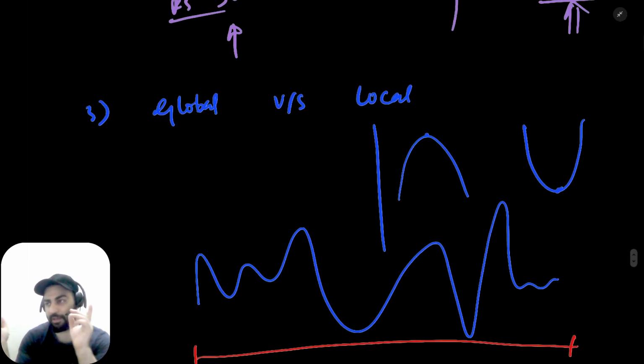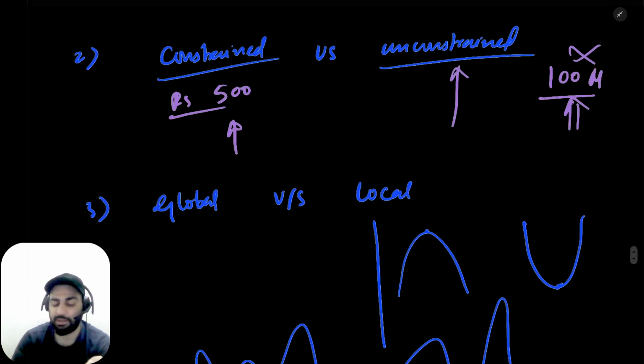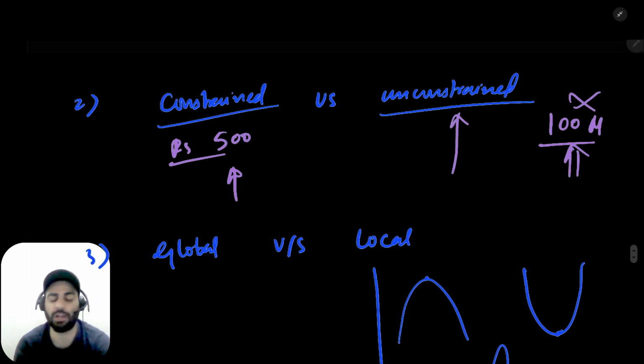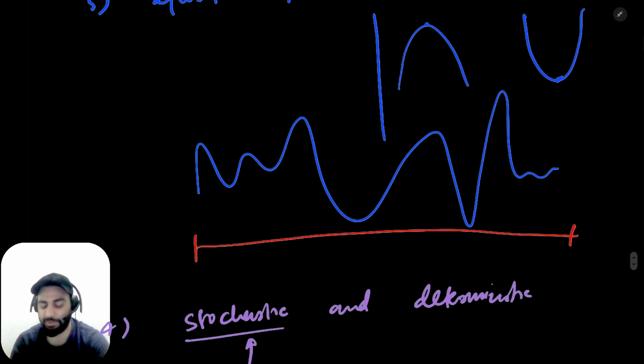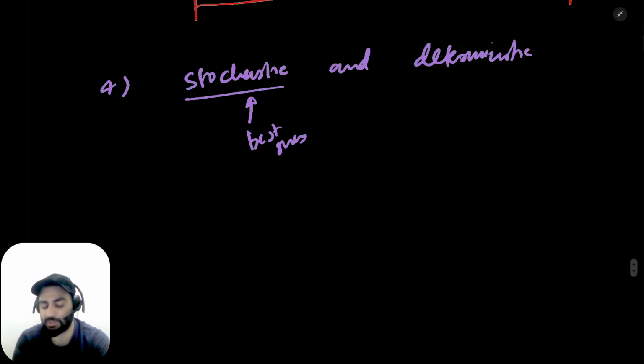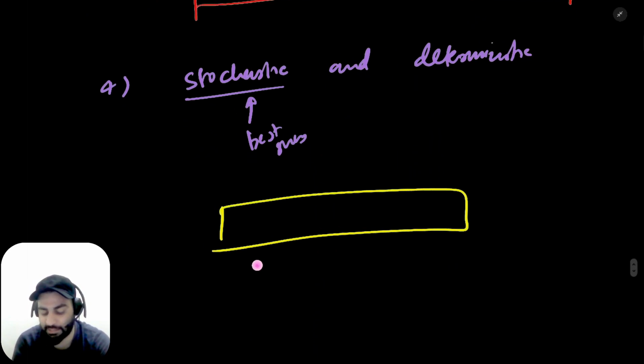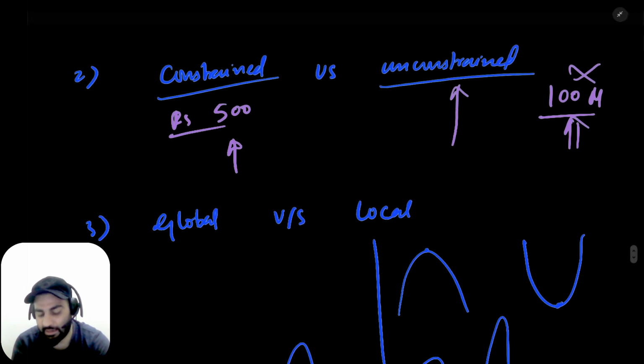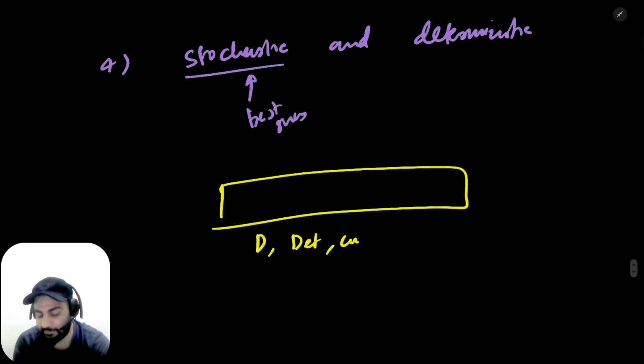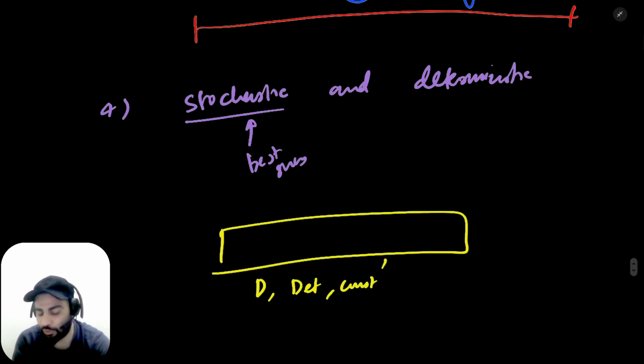So if you have an equation written down, you want to see which category it falls in: it may be constrained or unconstrained, global or local, stochastic or deterministic. For example, you have an expression and you call it a discrete optimization problem, it is deterministic, it is constrained optimization, and it is a global optimization problem.